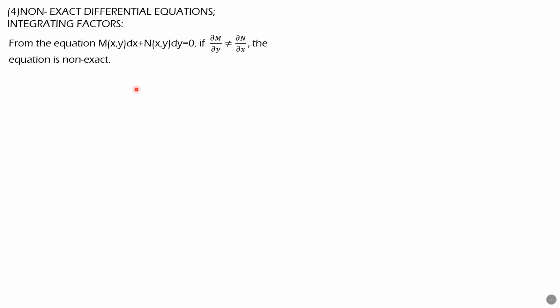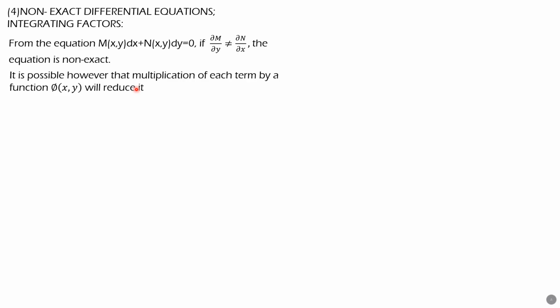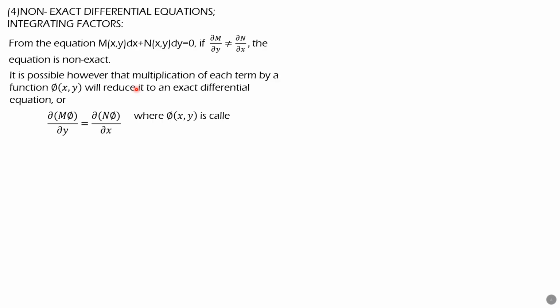But it is possible that multiplication of each term by a function P, which is also a function of x and y, will reduce it to an exact differential equation, that is partial derivative with respect to y of M times P equals partial derivative with respect to x of N times P. So where again P is a function of x and y. We call this the integrating factor.